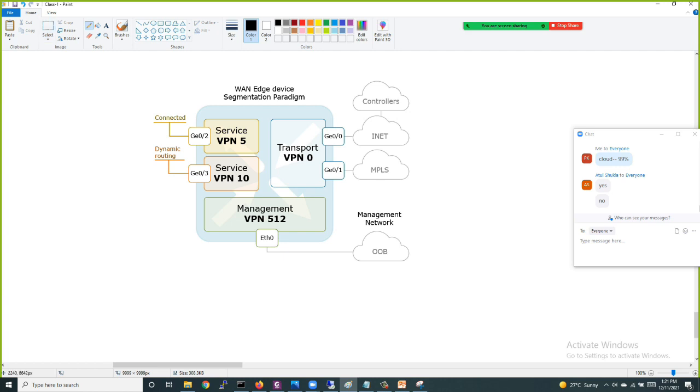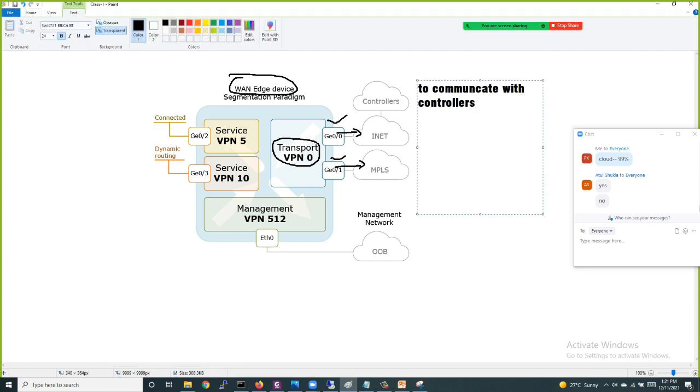So this is your WAN edge device, right? We have which interfaces? G0/0 and 0/1. These are connected to my WAN devices. Let's say G0/0 is connected to internet, 0/1 is connected to the MPLS, right? So these interfaces will be members of which VPN? VPN 0. Clear? Second, what is the use of VPN 0? To communicate with the controllers.